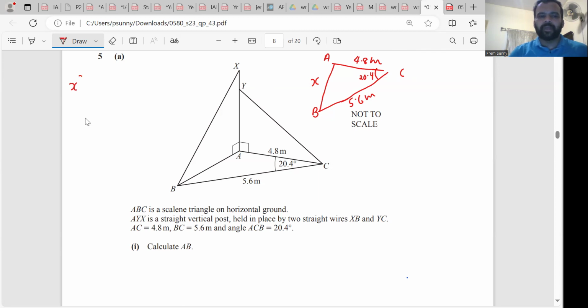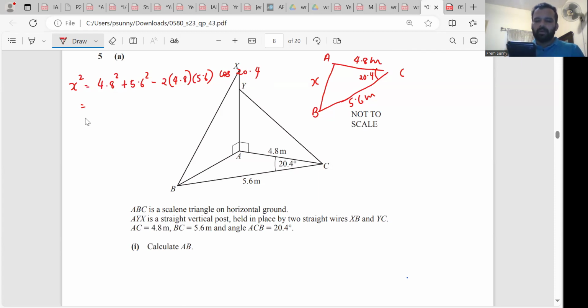The cos rule: x squared is equal to 4.8 squared plus 5.6 squared minus 2 into 4.8 into 5.6 into cos 20.4. When you put this in the calculator, first I will do this part. What is 2 into 4.8 into 5.6 into cos 20.4?